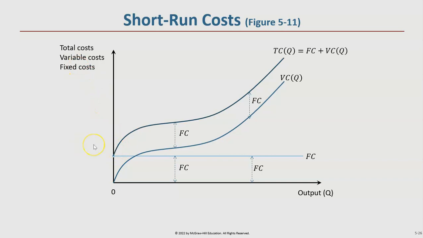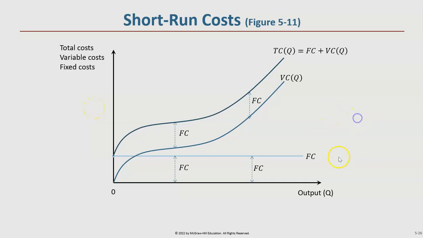Note that this is different than on the production process, because the independent variable here is output, and the outcome variable is cost. In the production process, we had output on the vertical axis.